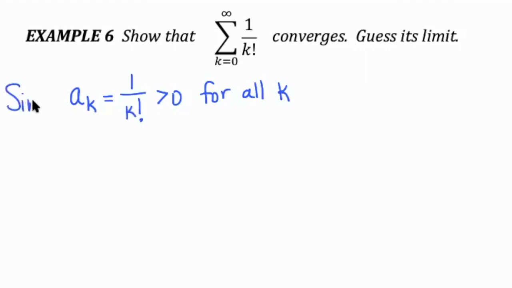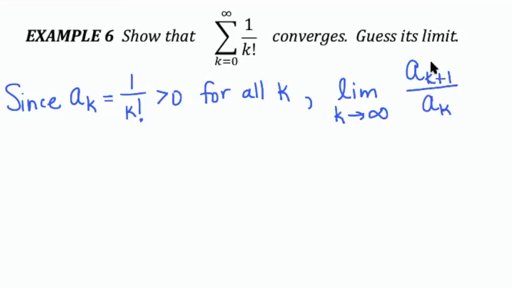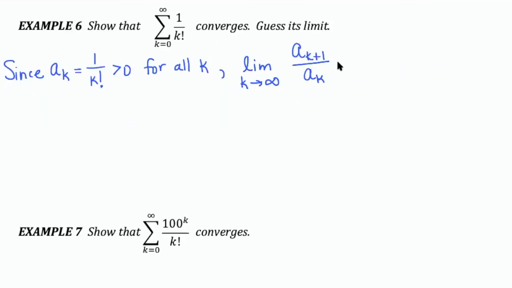Since all my terms are positive, and k is in a factorial, I'm going to apply the ratio test, which involves taking the limit of a sub k plus 1 divided by a sub k, a term divided by the term before it. Literally all you're going to do in the first place is, in the numerator, let k take the value k plus 1.